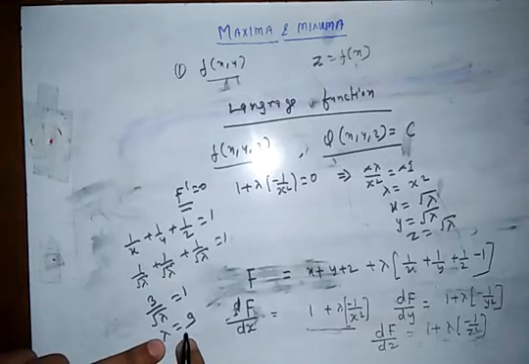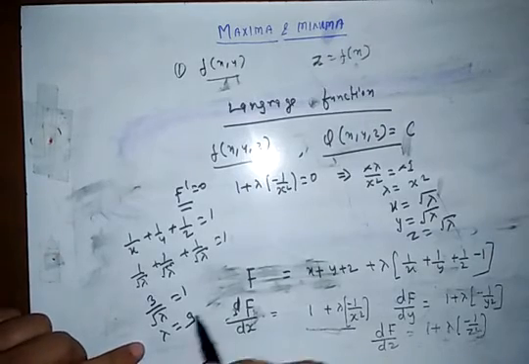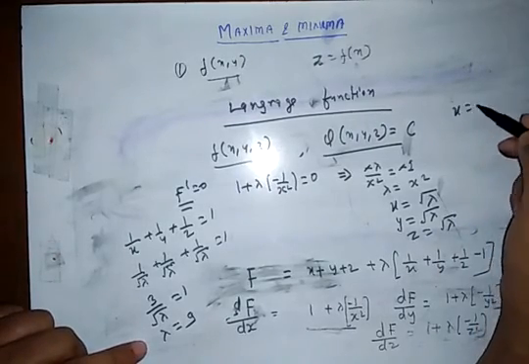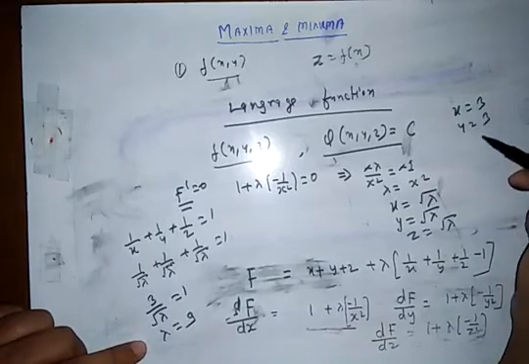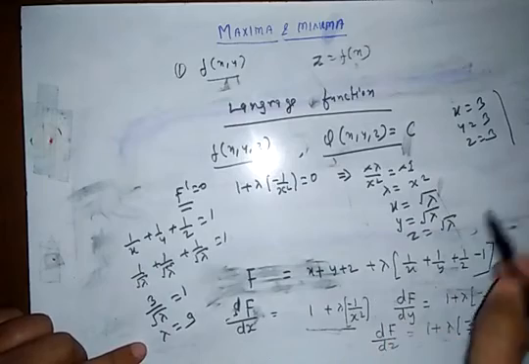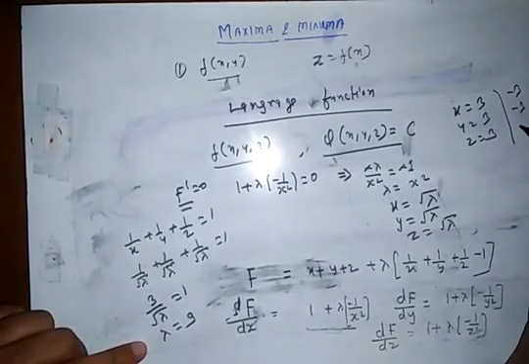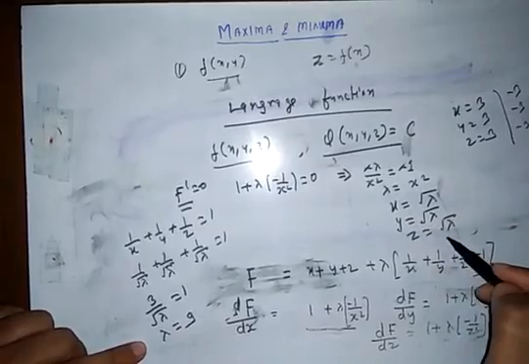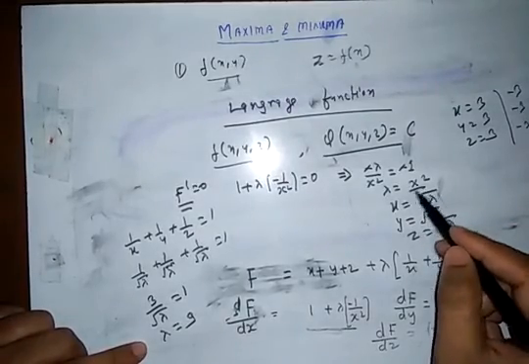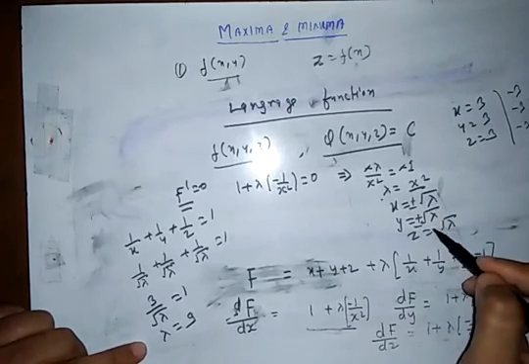When you get lambda equal to 9, you can find the function f of x. So x is nothing but 3, y is nothing but 3, and z is nothing but 3. Again, you can find the negative values. x square is equal to lambda, so x is plus minus root lambda.